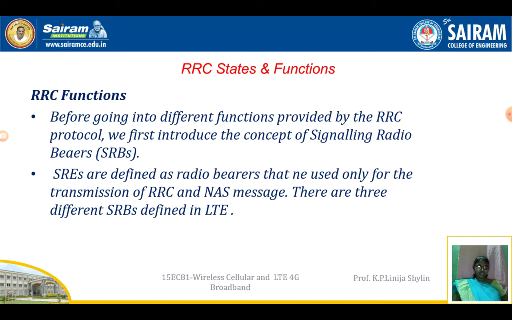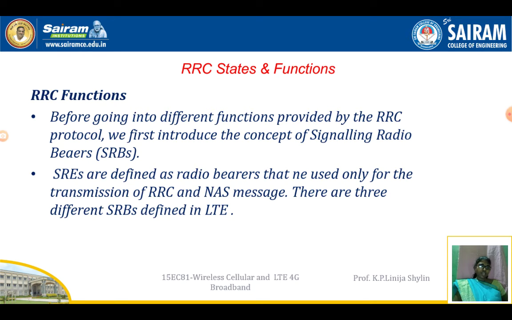RRC functions. Here, the main important thing to listen to is signaling radio bearers, abbreviated as SRB. It is used only for the transmission of RRC and NAS messages. What do we mean by NAS? NAS is non-access stratum messages.